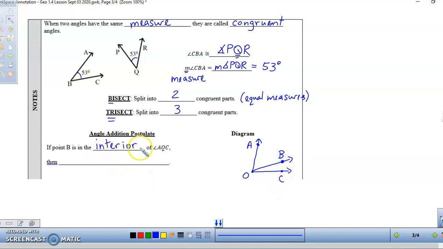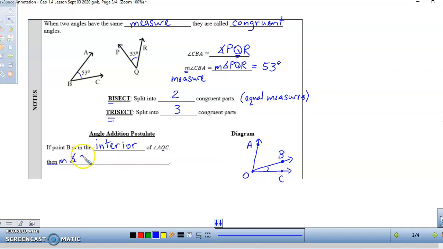So if B is in the interior of AOC like it is here, then, now this is a technical statement and then I'll explain what it means. Then the measure of angle, we're going to look at this smaller angle first, angle COB.